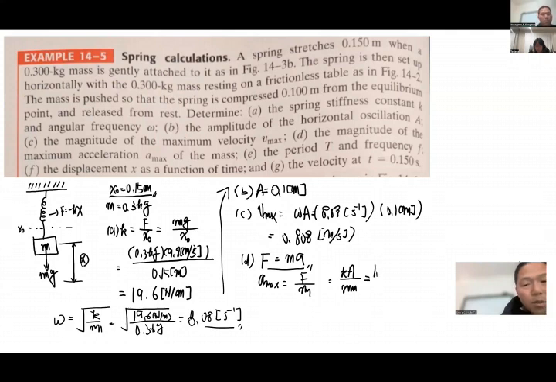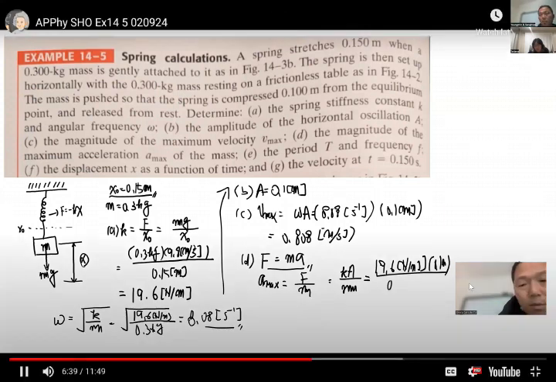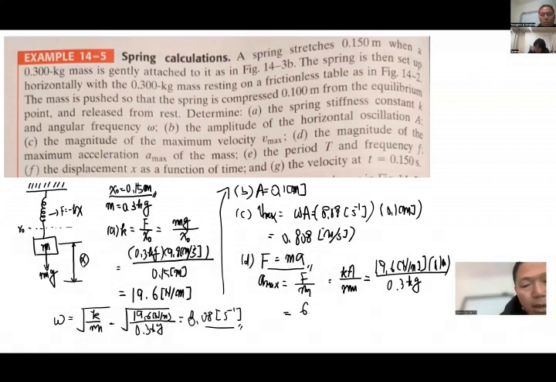So that is, k is 19.6 newtons per meter, and A is 0.1 meter, divided by 0.3 kilogram. So the answer is that the maximum acceleration should be 6.53 meter per square second.